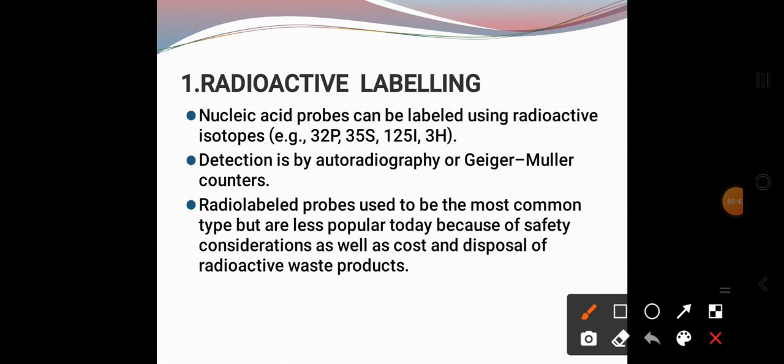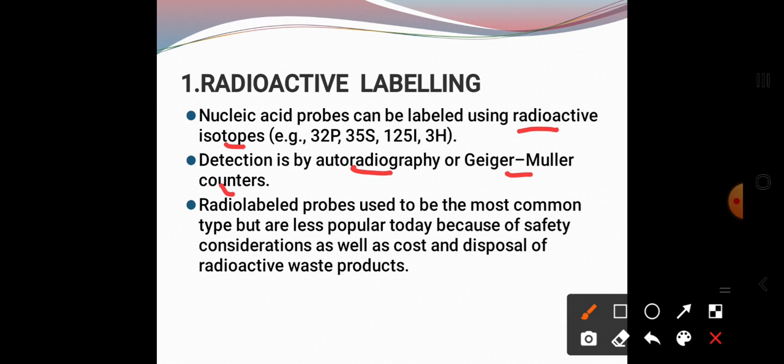The nucleic acid probes can be labeled using radioactive isotopes such as phosphorus-32. Sulfur, iodine and hydrogen radioactive isotopes are also used. Detection is done by autoradiography or Geiger-Müller counters. These two methods are used for the detection of radioactive labeling.